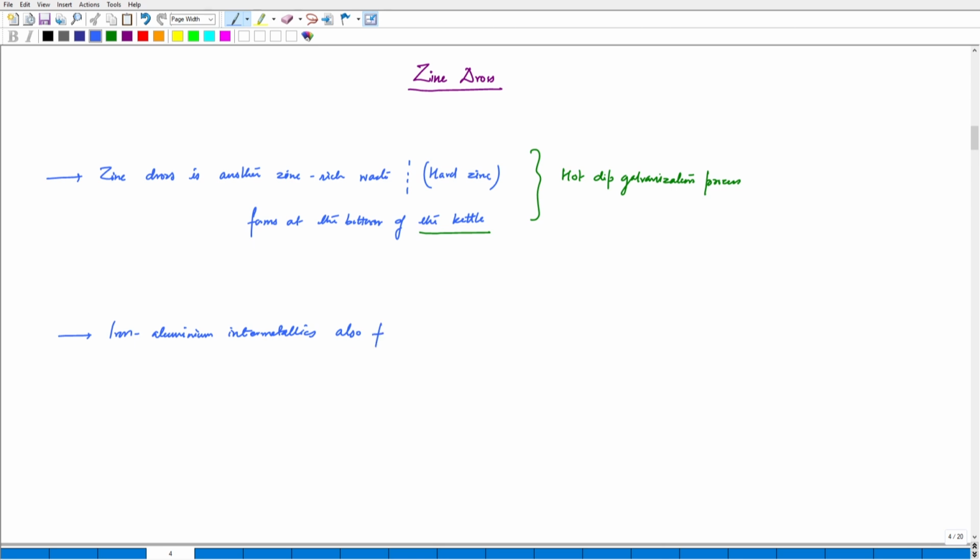These intermetallics also form at top of bath. These intermetallics are formed when such alloys are used.